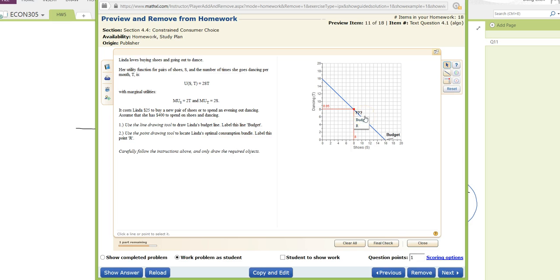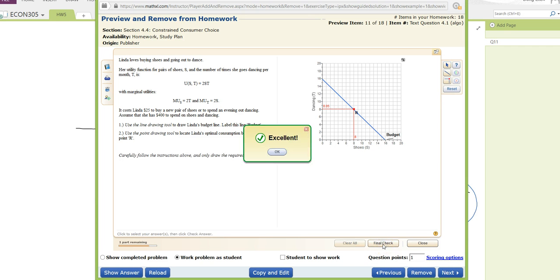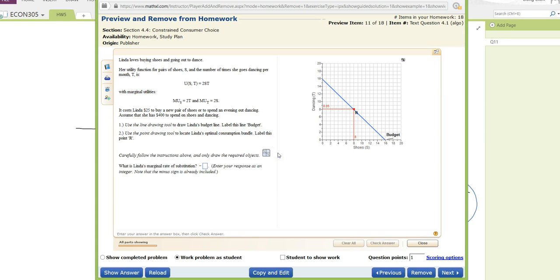I know that the optimal bundle is 8 by 8, but what I have here is 8.05 by 8. Let me just check whether my answer is right. Excellent. You can see that you can still have some tolerance for the point. It doesn't have to be exactly on the spot. As long as it's close, your answer will still be marked as correct.